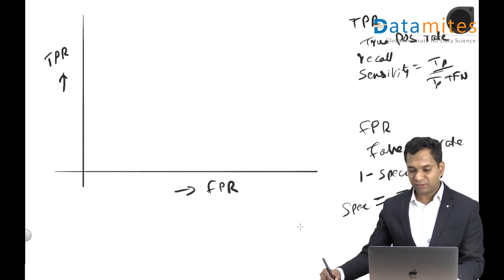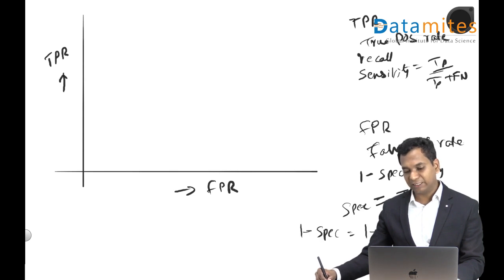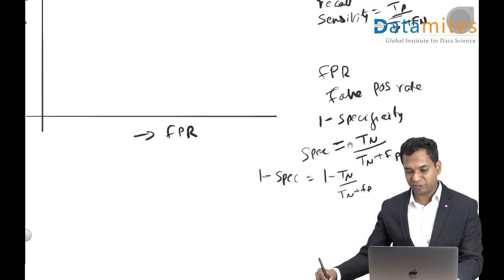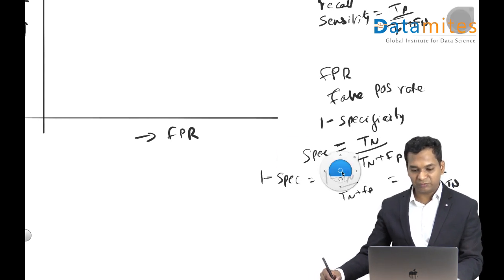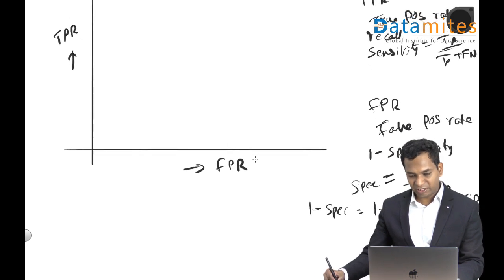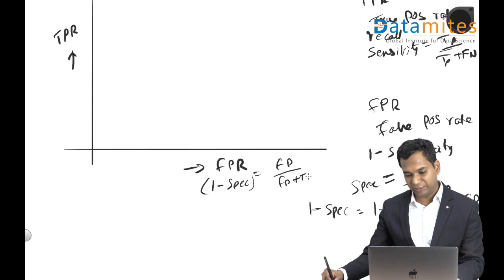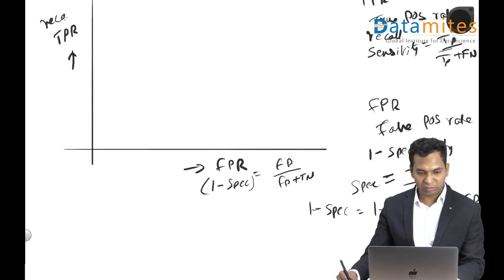But when I say 1 minus specificity, you're basically saying 1 minus TN over TN plus FP, which, if you do the math, equals FP divided by FP plus TN, which becomes your FPR, the false positive rate. I'll write down the equations over here. FPR is 1 minus specificity, which is equal to FP by FP plus TN, and TPR is nothing but recall, also called sensitivity, which is equal to TP by TP plus FN.